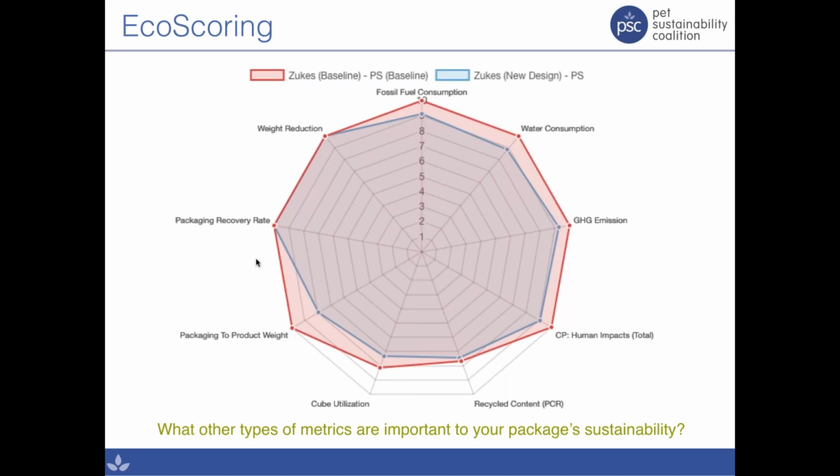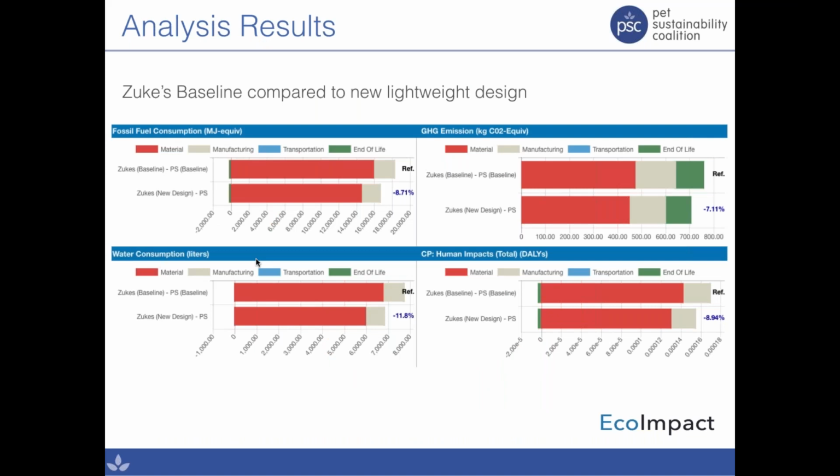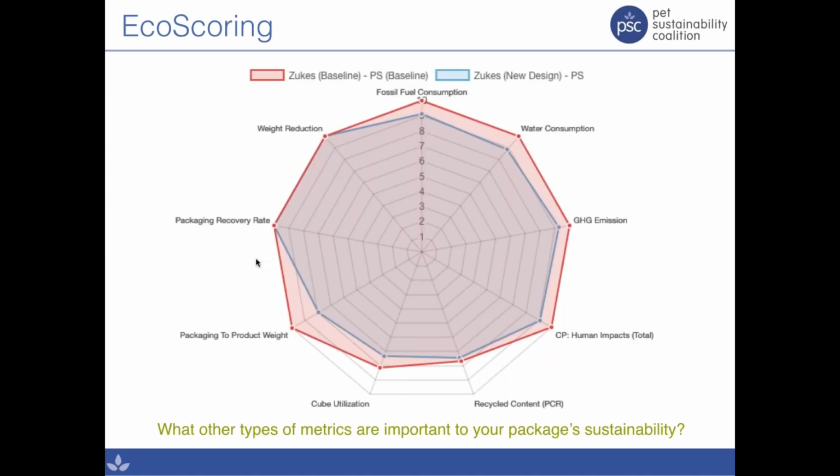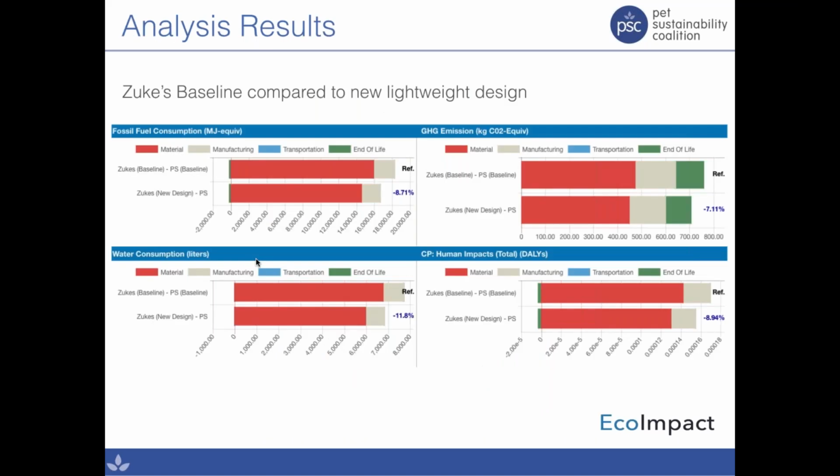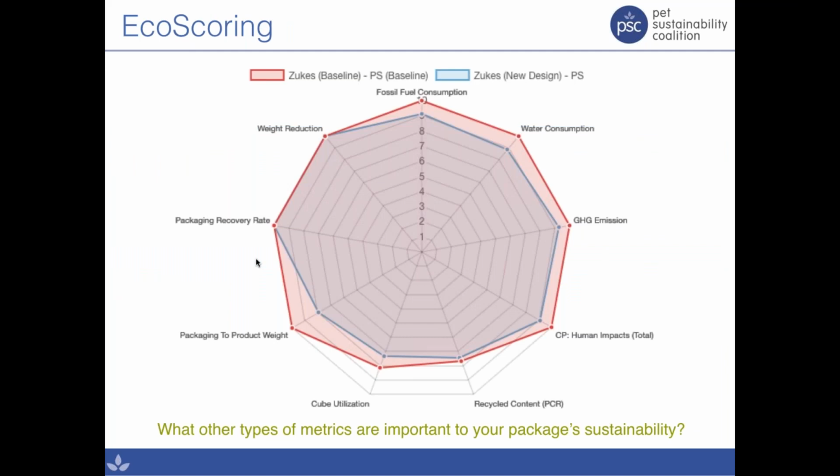That was a big win for Zoox and Excel Packaging. This provides you with a really visual look at your sustainability goals and your metrics, and it also helps you identify hotspots. You can see the breakdown between material, manufacturing, transportation, and end of life, and you can really see where you have the most impact.